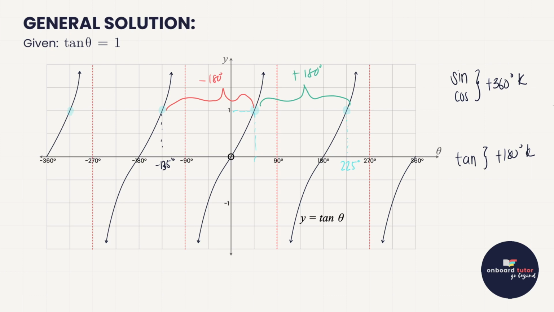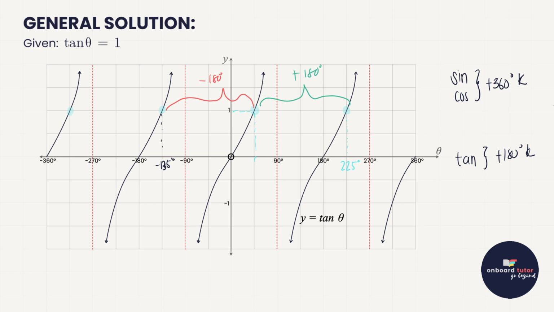Okay, so in this instance, to get to 225, I added 180 times 1 in the place of k. In this instance, to get to minus 135, I added 180 times by minus 1 in the place of k. Alright, so that's the concept behind a general solution.